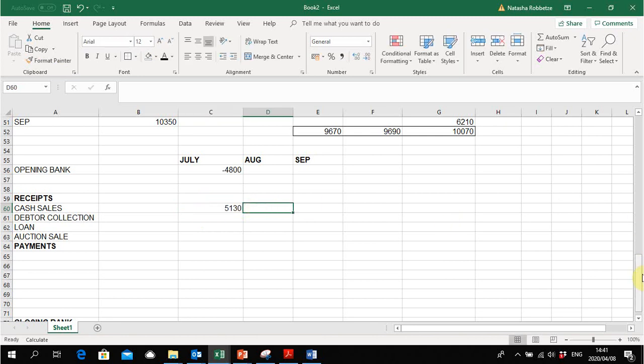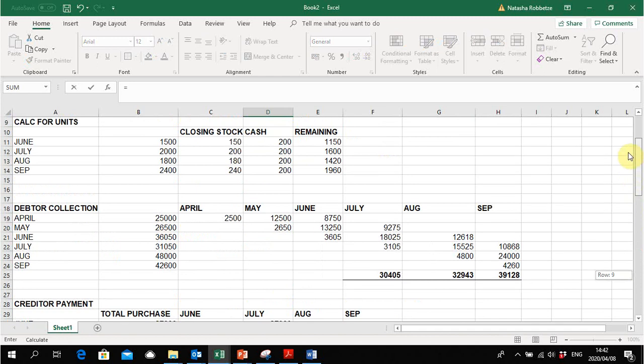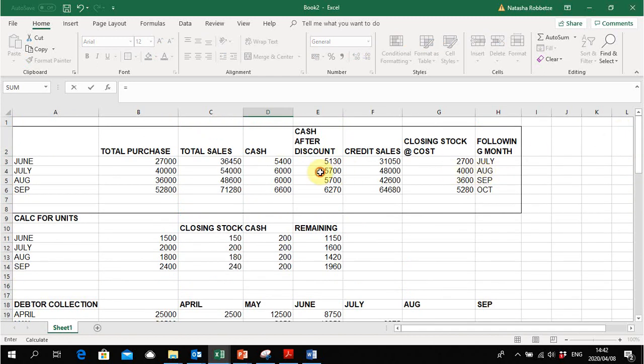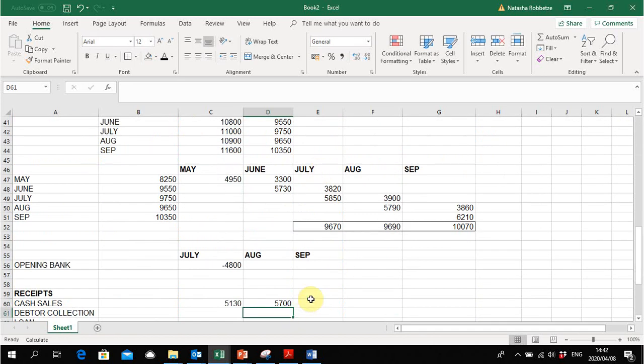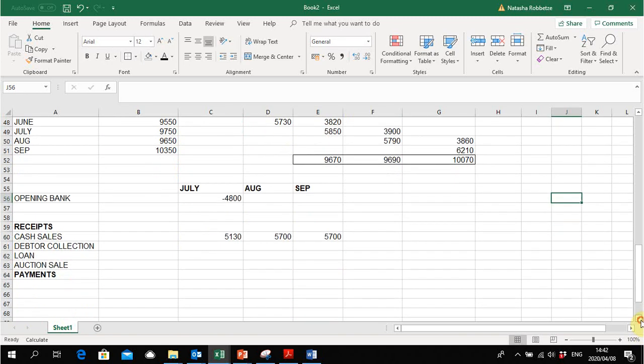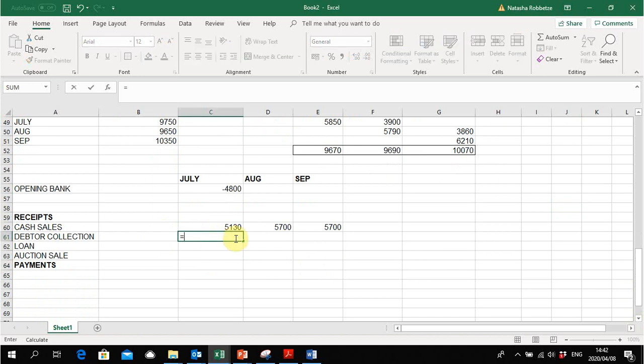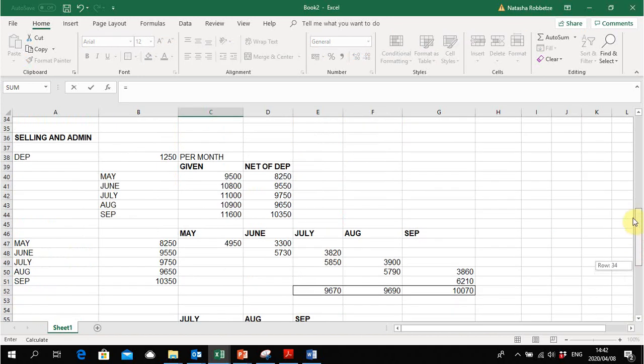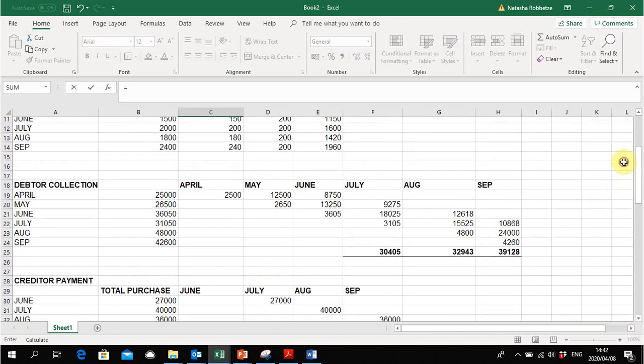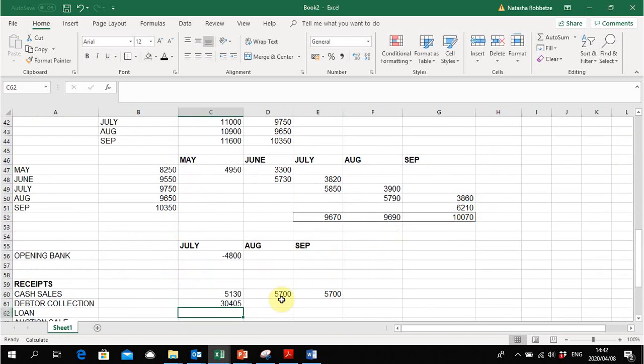Then the cash sales in August, 5,700, and then also 5,700 in September. Our debtor collections we have calculated, so I'm just going to put those values in place.